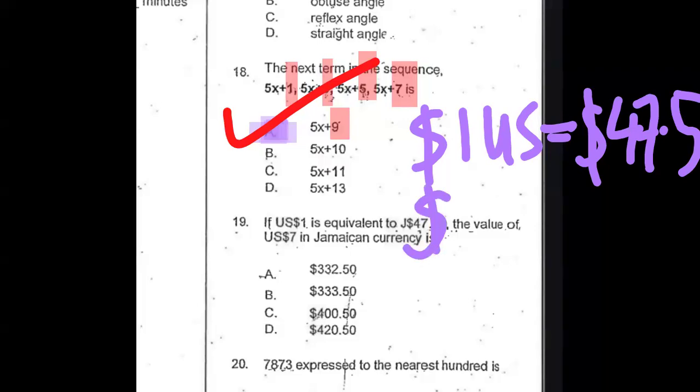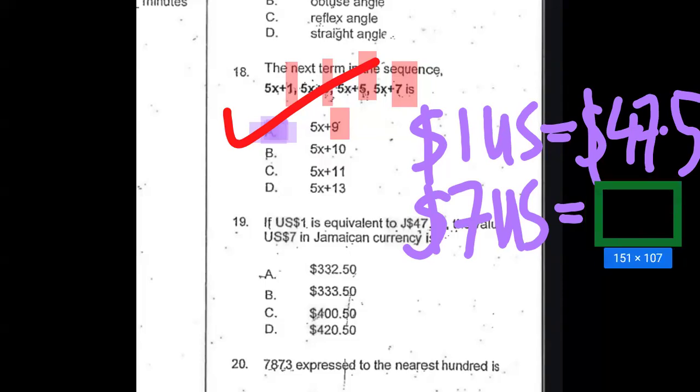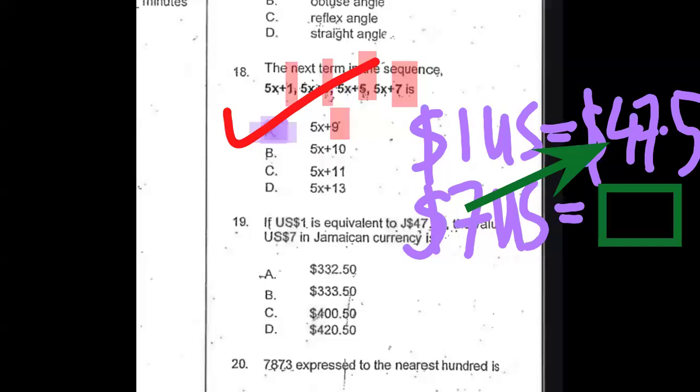They're asking you what is the amount of 7 US. Now this is where my box on the right argument comes in. 7 multiplied by this number. So all we have to do is multiply 7 by 47.5.